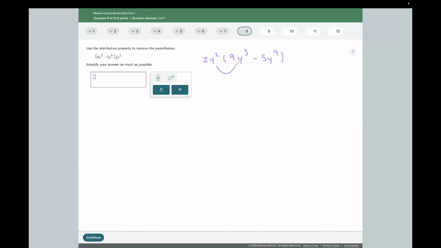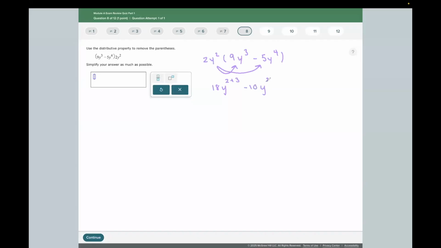So here we have 2y squared times y cubed. So 2 times 9 is 18. And then the rule for exponents when I multiply: this is y to the 2 plus 3. And then 2y squared times minus 5y to the 4. So 2 times minus 5 is minus 10.